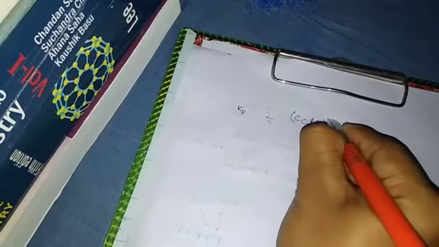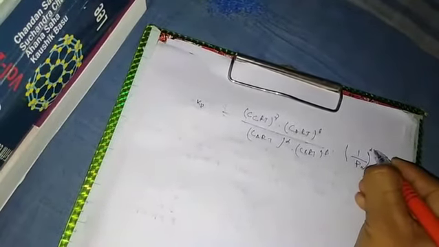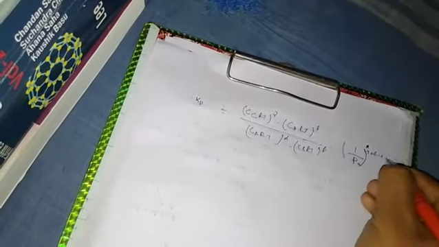(Cc RT) whole to the power gamma (Cd RT) whole to the power delta divided by (Ca RT) whole to the power alpha (Cb RT) whole to the power beta, with 1 by P0 to the power gamma plus delta minus alpha minus beta.